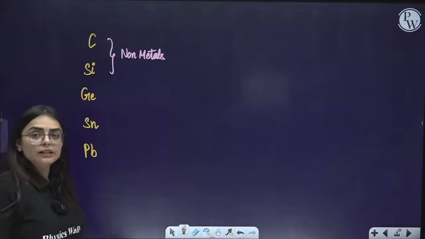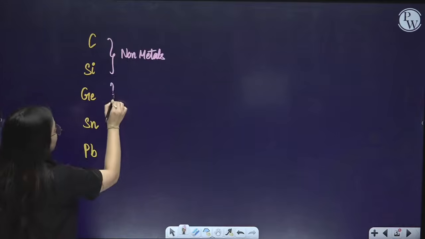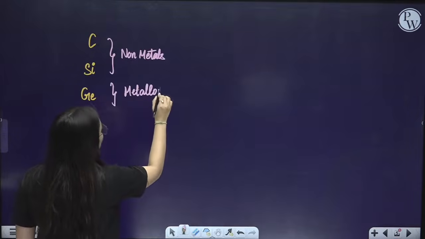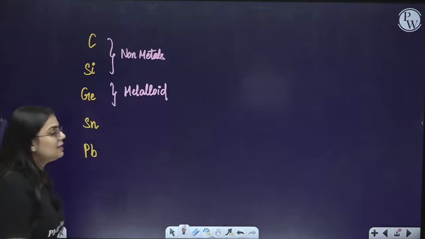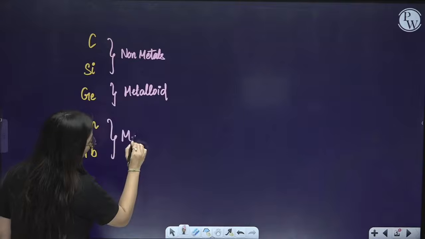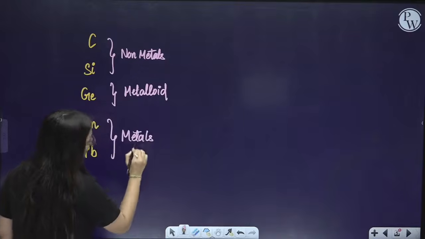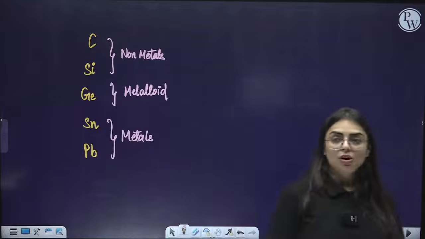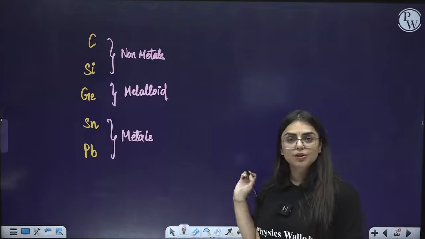Germanium, students, is a metalloid. Then tin and lead, they both are metals. Let me tell you again, what are non-metals, metalloids and metals, you very well know.